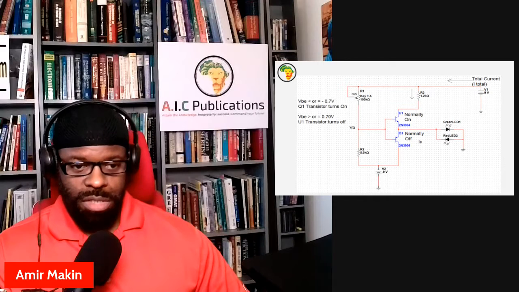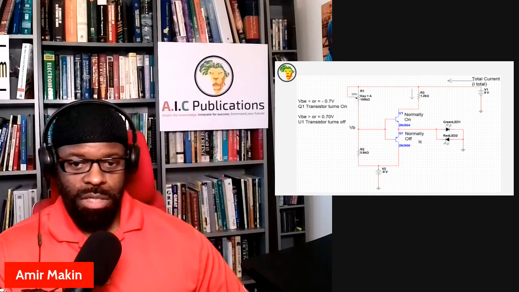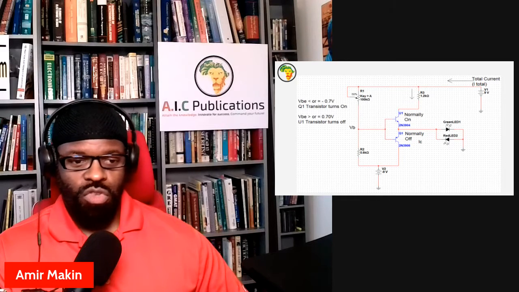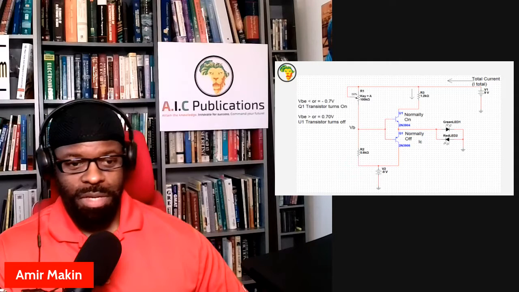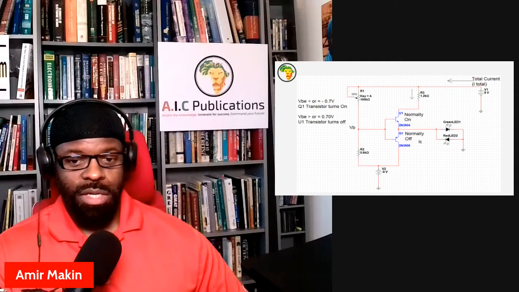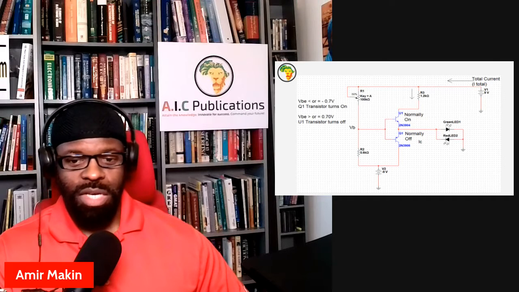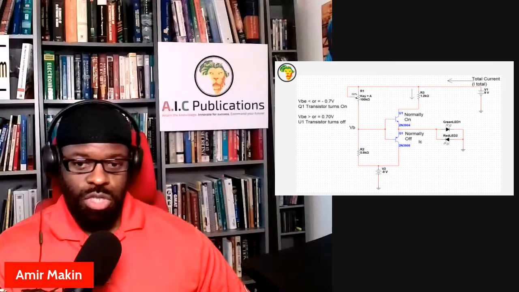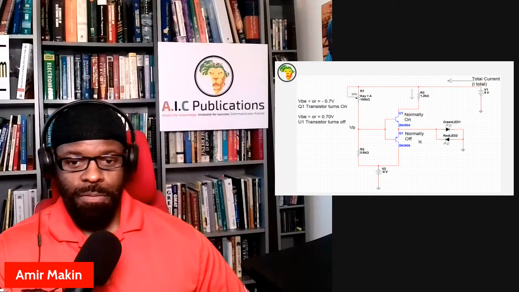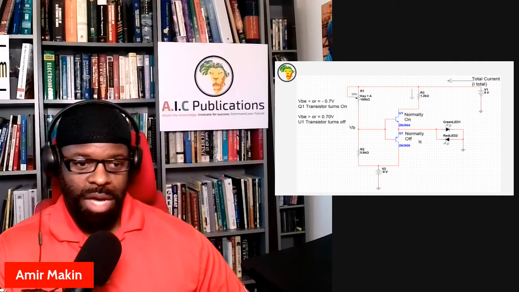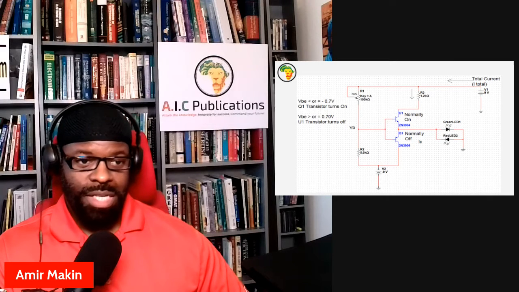The output, which is what we care about, is going to be in between both the NPN transistor, which is normally on, and the PNP transistor, which is normally off. All right. So what is happening here is these two transistors are controlled by the voltage that's at the gate.